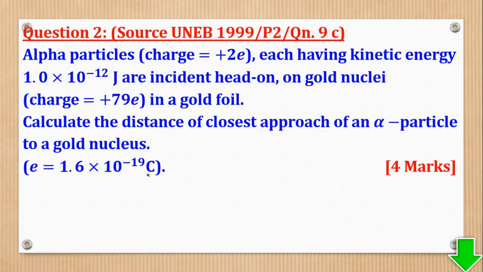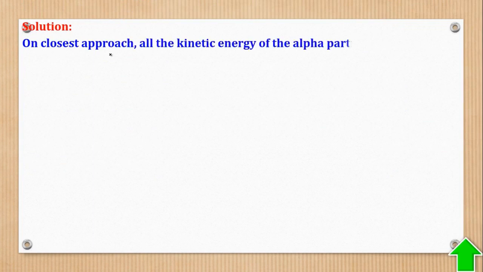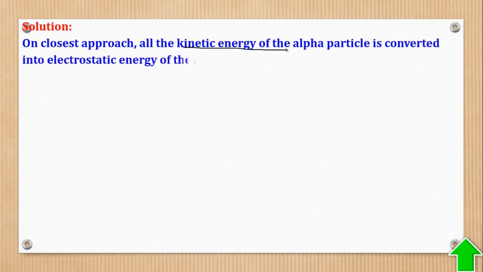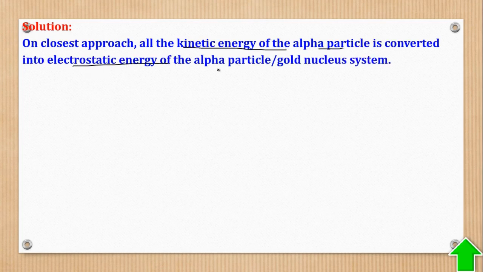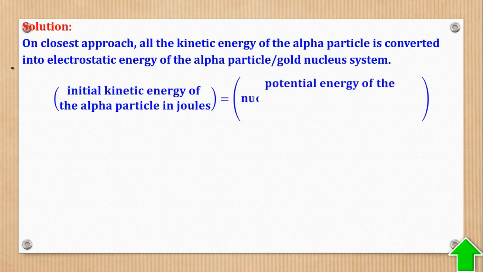So E is a constant and will always be given. So on closest approach, we already know that all the kinetic energy of the alpha particle is converted into electrostatic energy of the alpha particle gold nucleus system. That means that these two are equal.